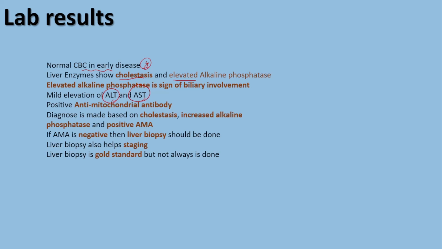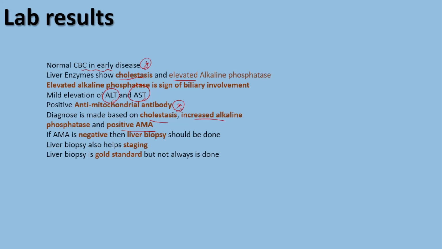And also very specific for this disease is an antibody, which is anti-mitochondrial antibody, which will be positive if the patient is having primary biliary cirrhosis. And diagnosis is made based on cholestasis, increased alkaline phosphatase, and also positive anti-mitochondrial antibody. But if anti-mitochondrial antibody is negative, it does not mean that the patient does not have primary biliary cirrhosis.